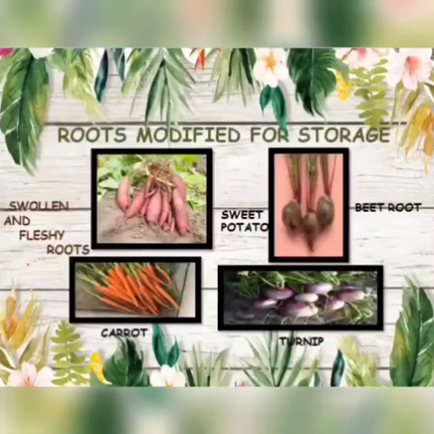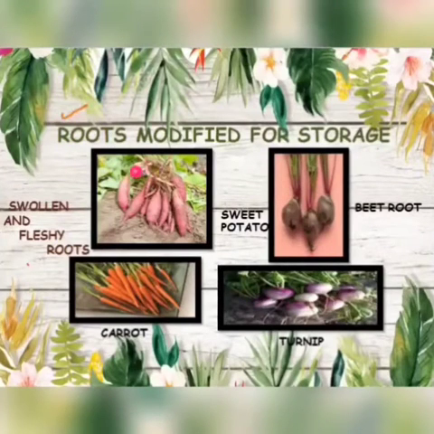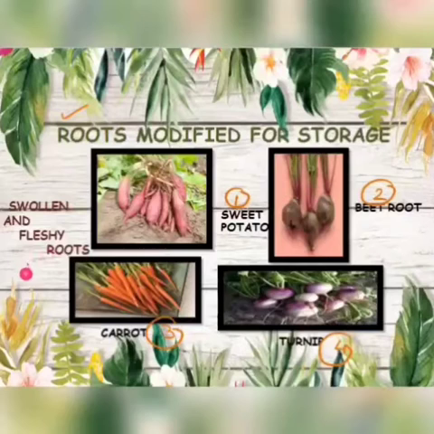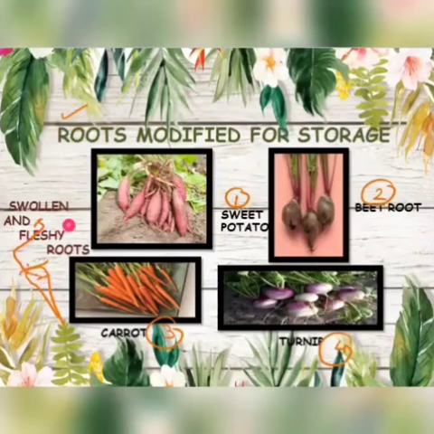So let's begin with the first category. Here, roots are modified for storage. Some plants, like you can see here sweet potato, beetroot, carrot, turnip, have roots that are swollen. You can see here the diagram of the carrot plant, that root is swollen and fleshy.